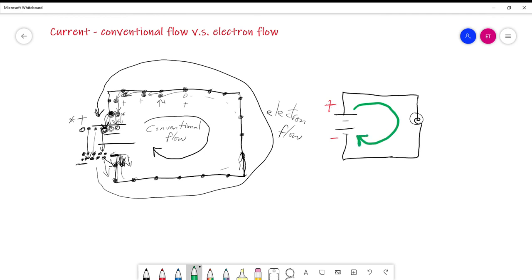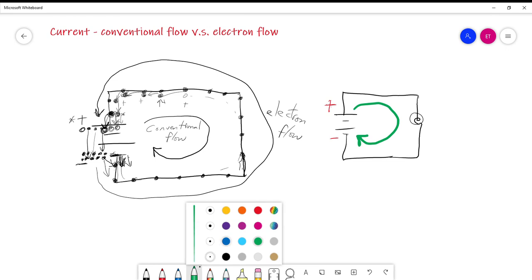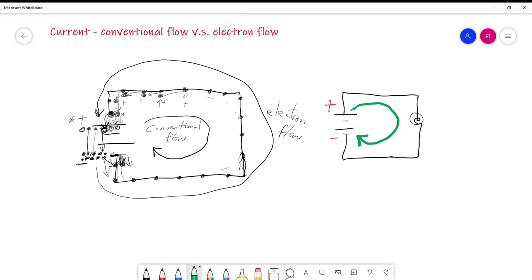The current will always be leaving the positive side. It'll be leaving here and going around to the negative side of the power supply. So that's the conventional current that we'll be using, that direction for current.